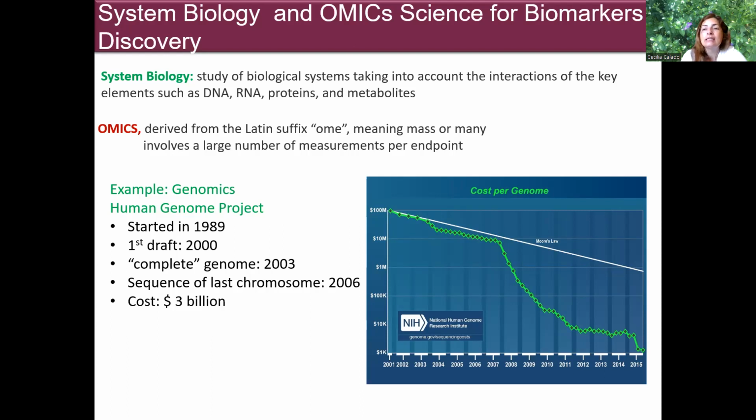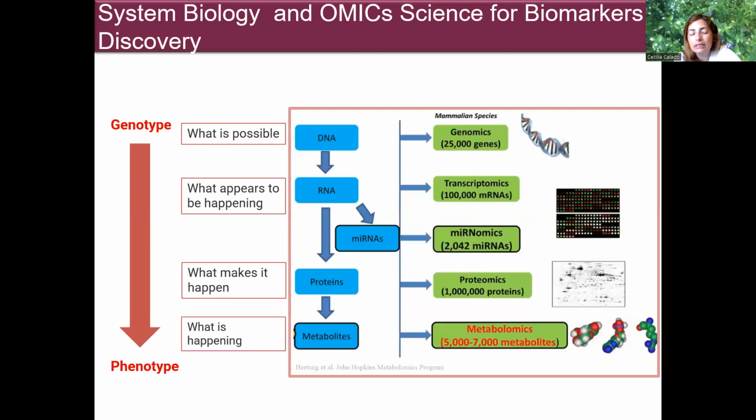So this is an example of how technologically we have evolved, and we are able to analyze for a given system one type of molecules. But instead of speaking about genomes, if you want to understand what exactly the system is doing, and not the potential of the system, what it can do, because all our cells have the same genome, but all our cells are doing different functions.